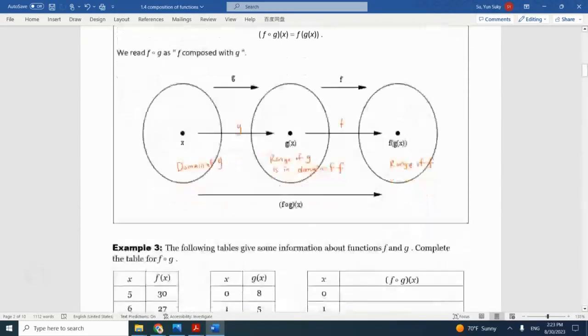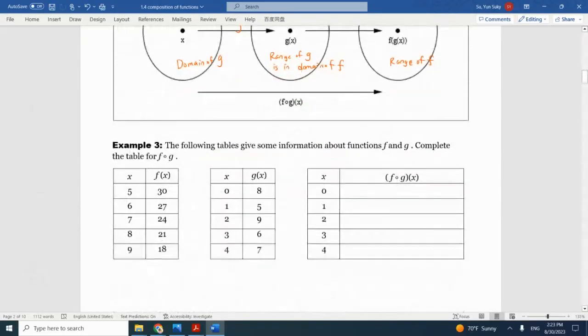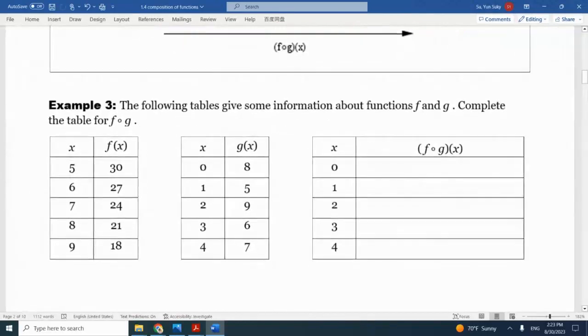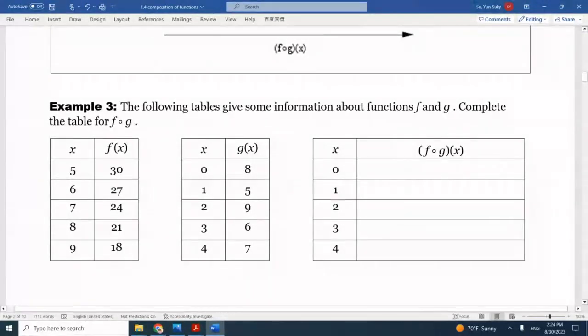Okay, so let's see. The following table gives some information about F and G. Complete the following. F composite with G is F of G of X. And here you plug in X is 0. So this is F of G of 0. Let's look from the inside to the outside.